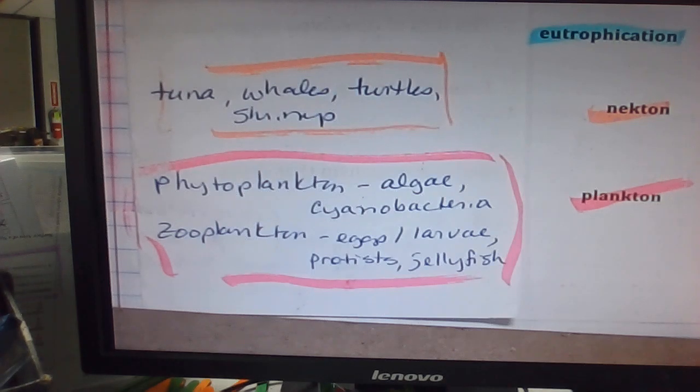Zooplankton: eggs, larvae, protists, jellyfish. Okay, grab yourself a highlighter. Box in the appropriate examples, match them with your vocab terms.